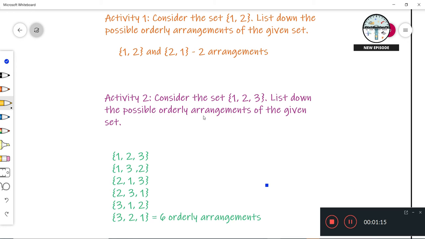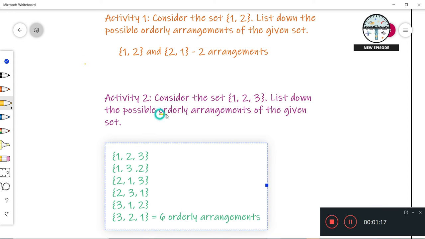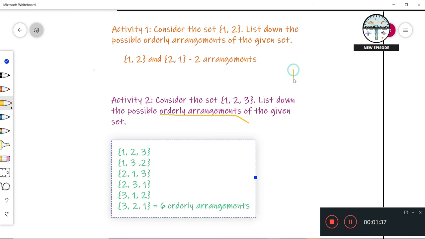So what does it mean? It is basically the permutation of the set. That's the exact meaning of permutation.